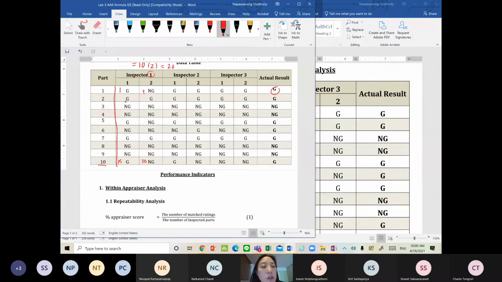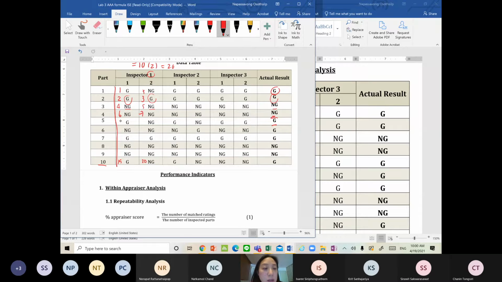The third one, G, and correct is G. So you count 2. G and G, you count it. NG and G, so you count it. Do you follow? NG and NG, count it. This is NG, so correct.